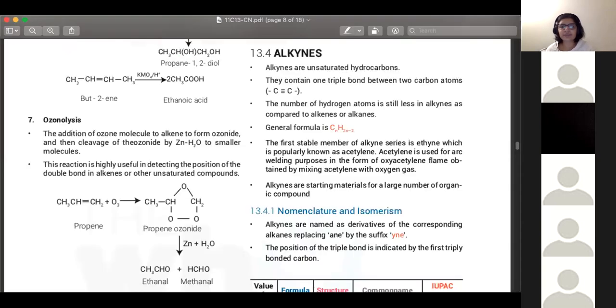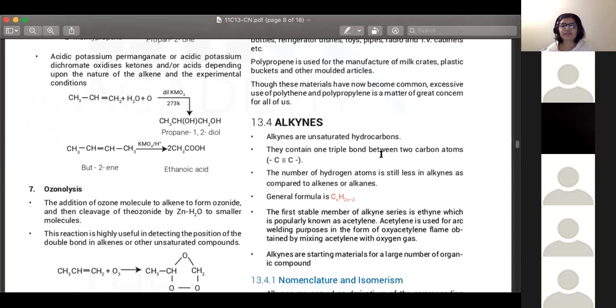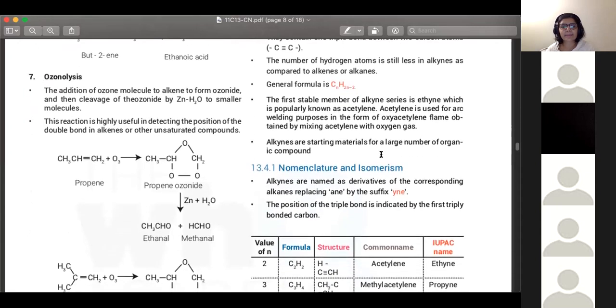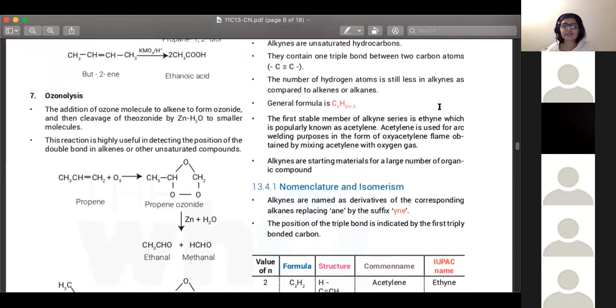You know the IUPAC nomenclature of alkynes. What is the general formula for alkynes? CnH2n minus 2. Yes, because you're adding a bond, you have to remove 2 more hydrogens. The first member, ethyne, has the common name acetylene.